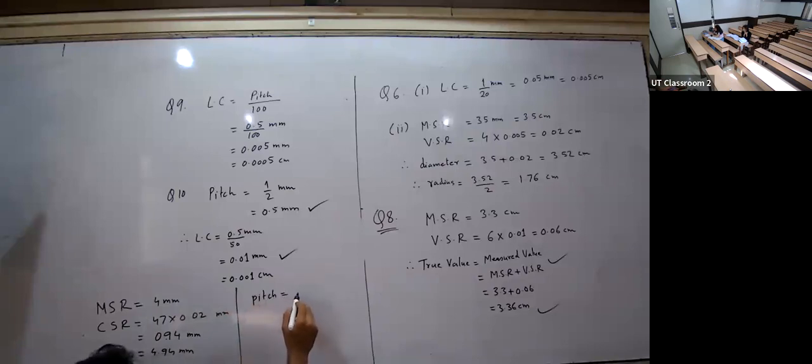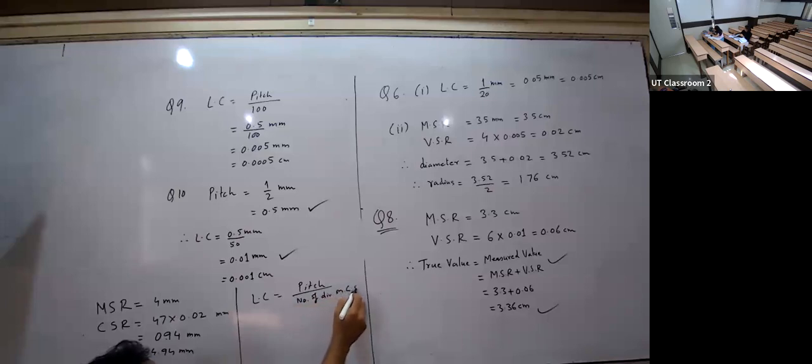The least count is pitch upon the number of divisions of the circular scale, right? This is your least count formula.